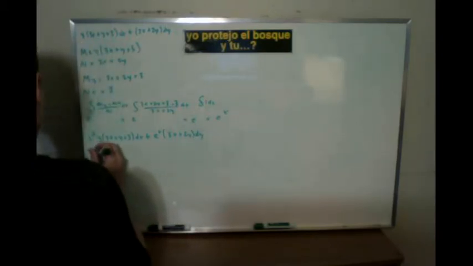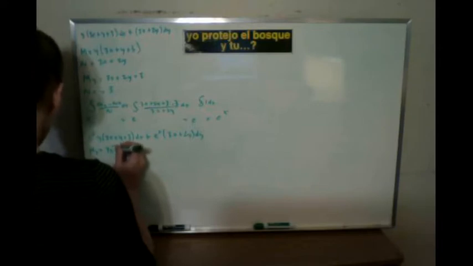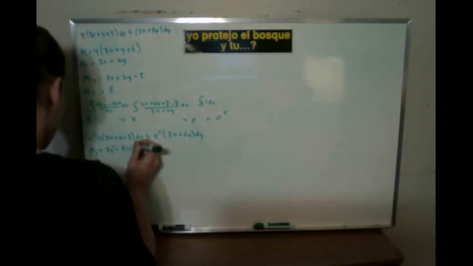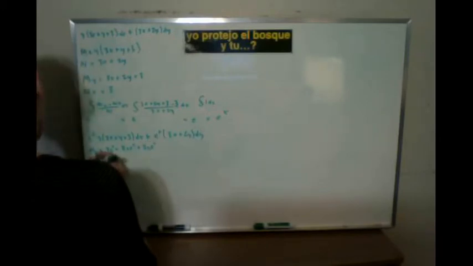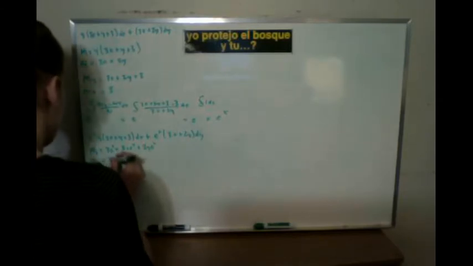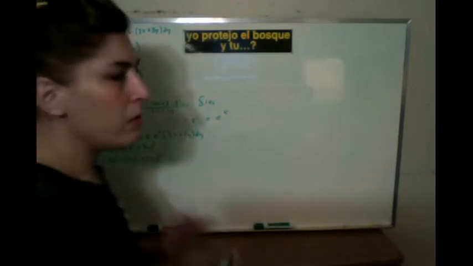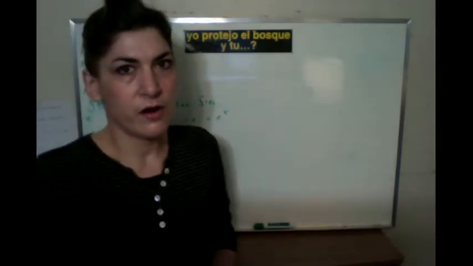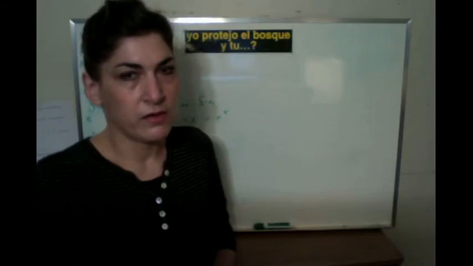The new My equals 3e to the x plus 3x e to the x plus 2y e to the x. And the new Nx equals 3e to the x plus 3x e to the x plus 2y e to the x. So now our My and our Nx are equal. So the differential equation is in exact form and we can solve it.